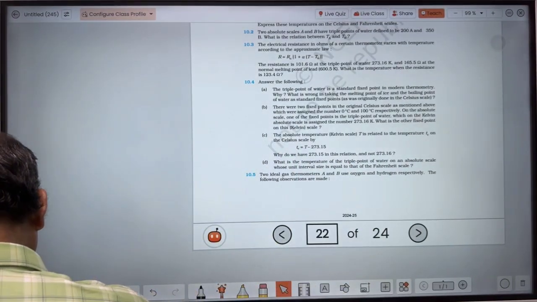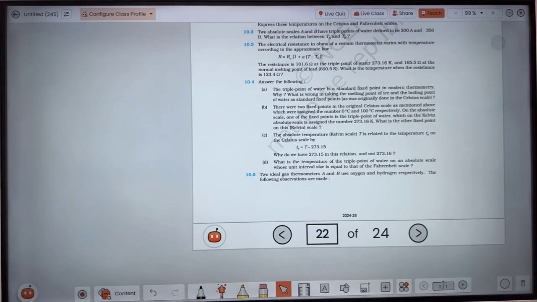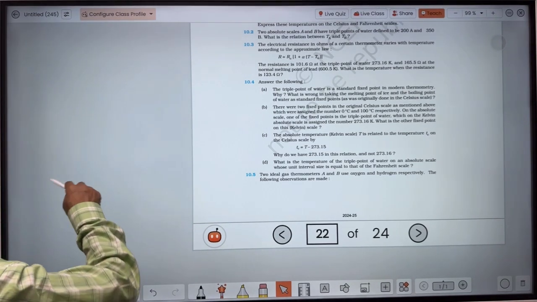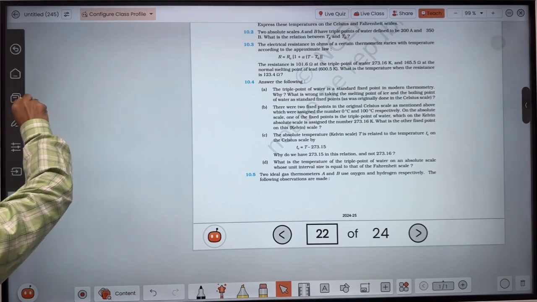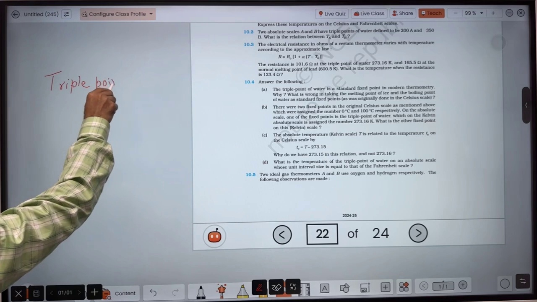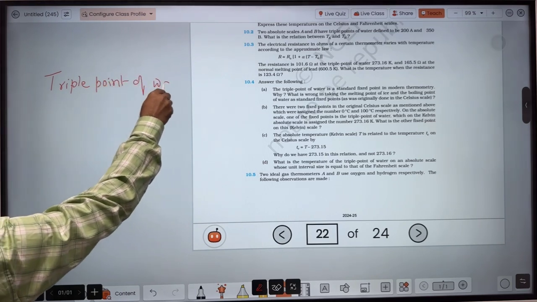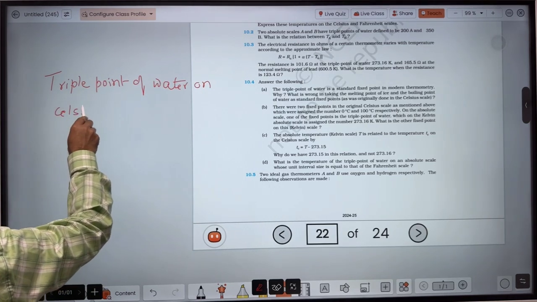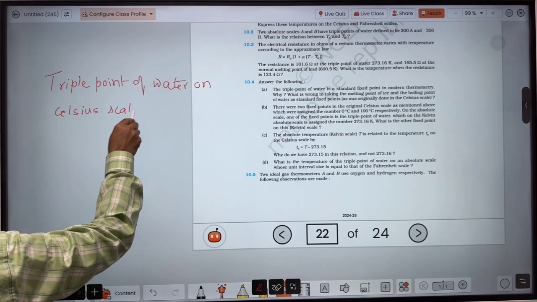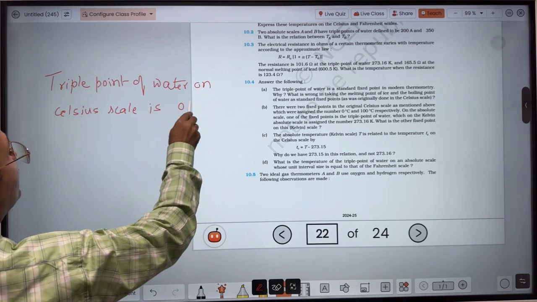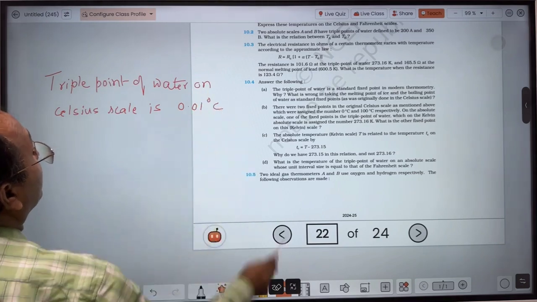So here, the triple point of water on the Celsius scale is 0.01 degree centigrade and not 0 degree centigrade.